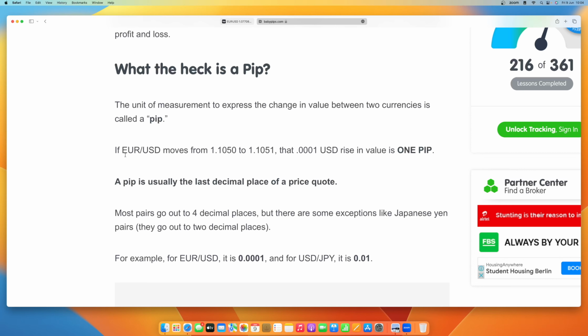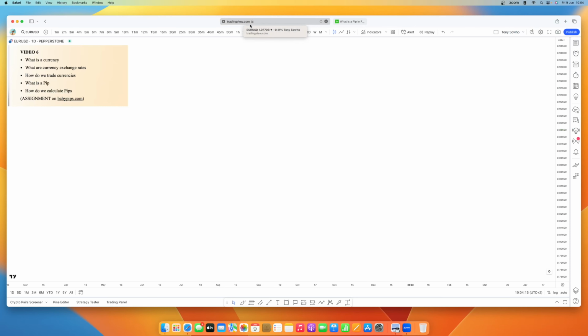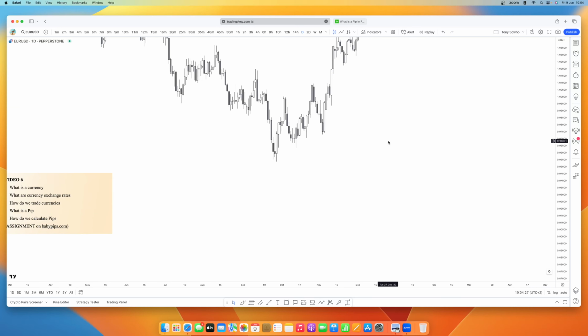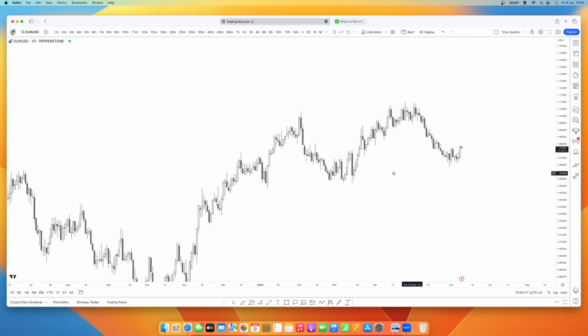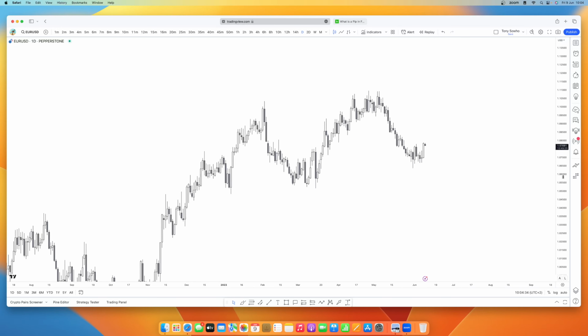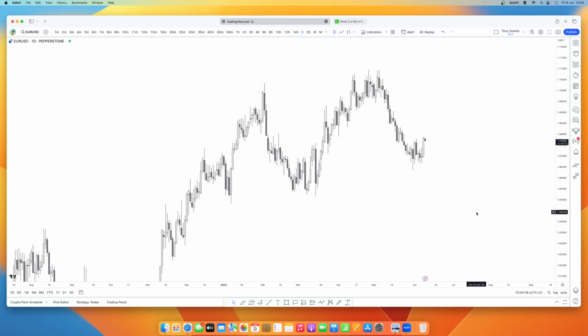So how do you know this now? How do you determine this? You can see all of this number to the right here. This is where we get the present value for Euro USD. Okay, so now if we come here, this is the chart for Euro USD, and the present value, the current exchange rate, is 1.07.